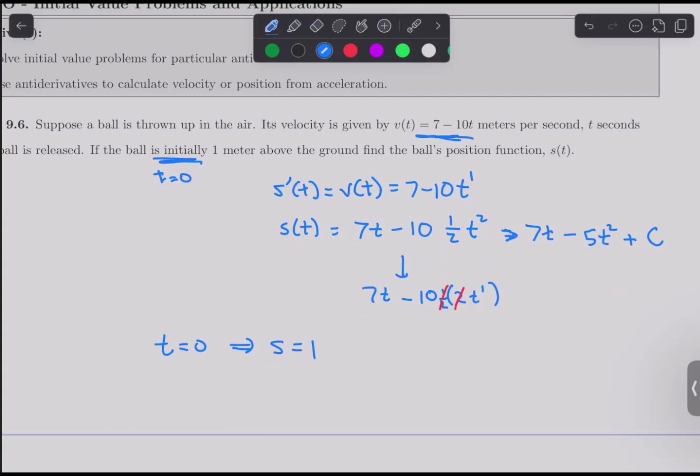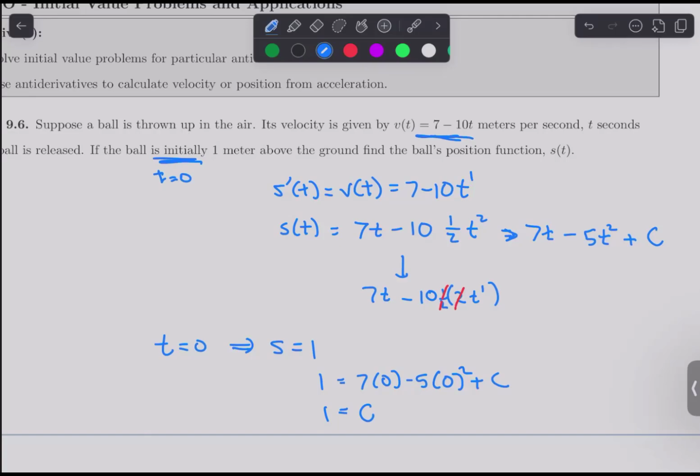If I plug in 0, I'd have 7 times 0 minus 5 times 0 squared plus c. And my position, my height, should be 1. So there's my output. And so you can see that this helps us solve for which antiderivative I actually want. In this case, it's going to be the one where c is equal to 1, because that gives me an initial position of 1 meter above the ground.